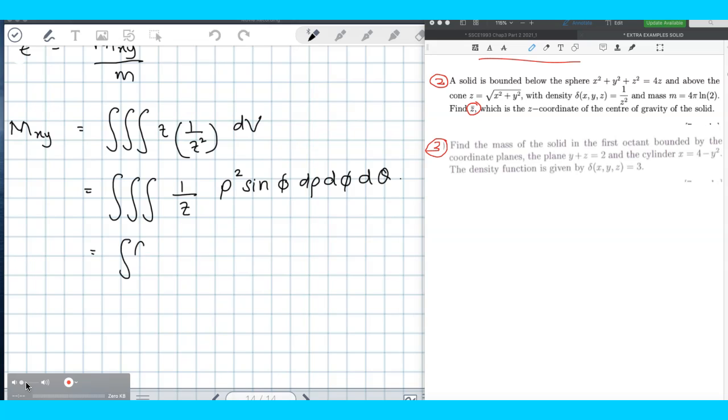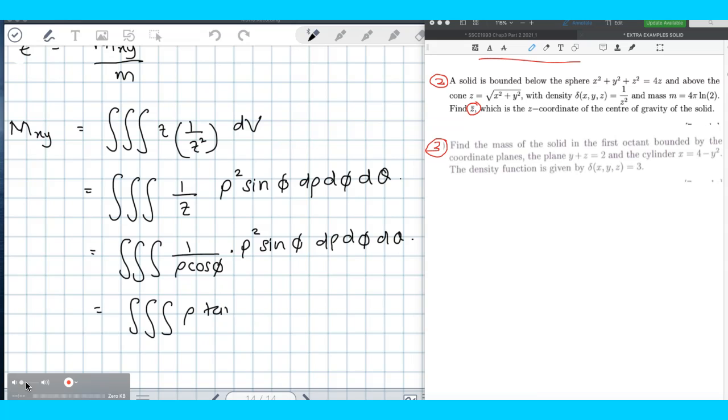So we have to convert z to rho cos phi, so 1 over rho cos phi, and then rho squared sine phi d rho d phi d theta. Okay, then we simplify this, so we have rho tangent phi d rho d phi d theta.